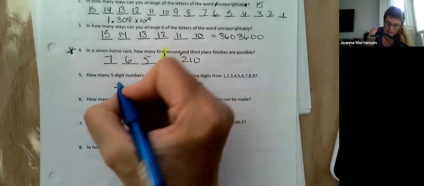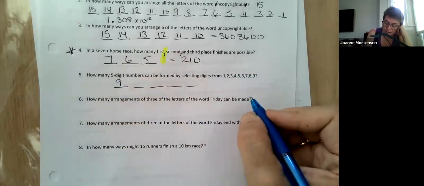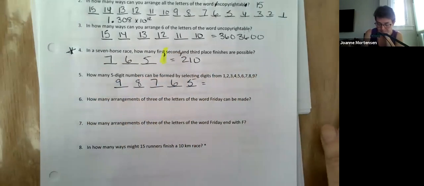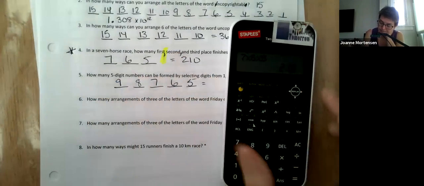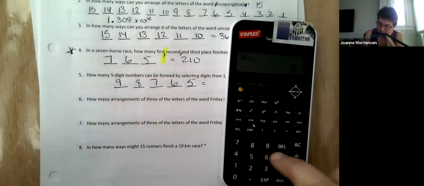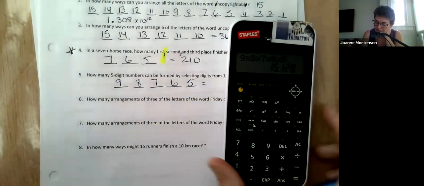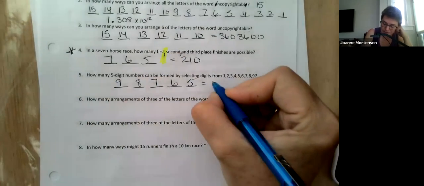Then we start, we've got 9. And then we use 1, 8, 7, 6, 5. And that gives me 15,120.